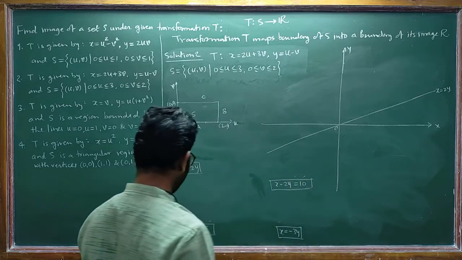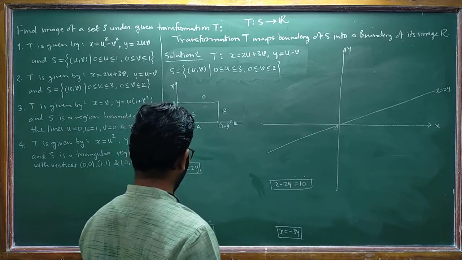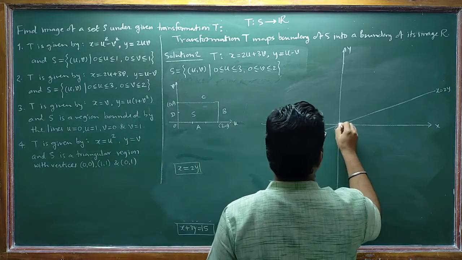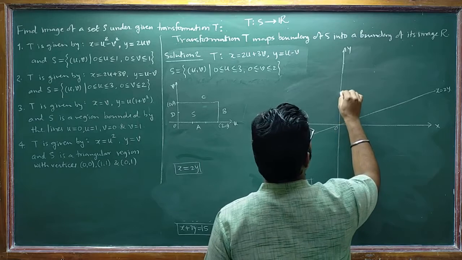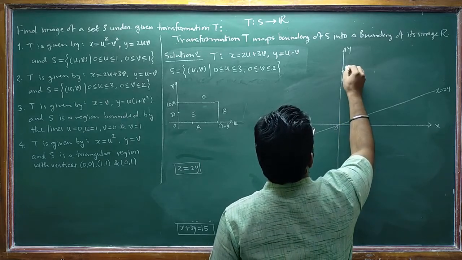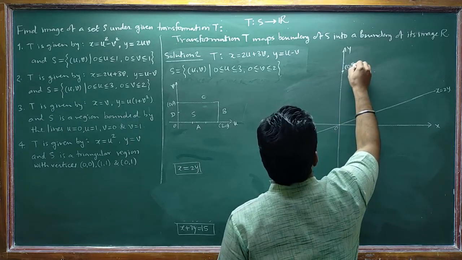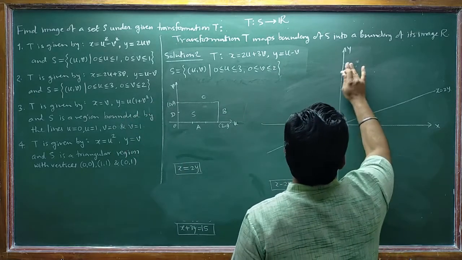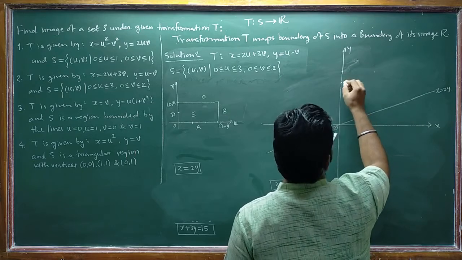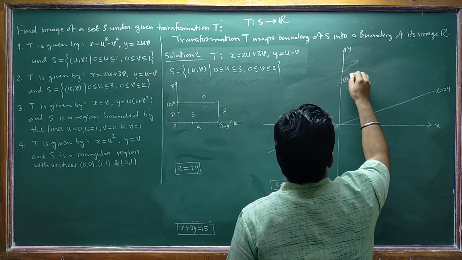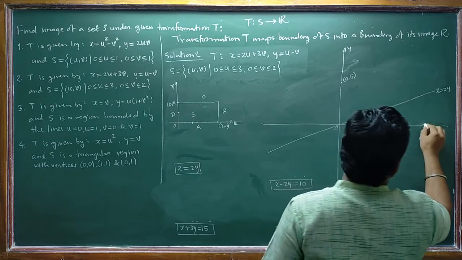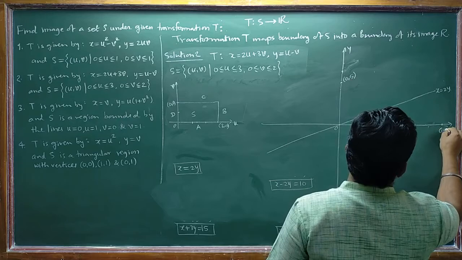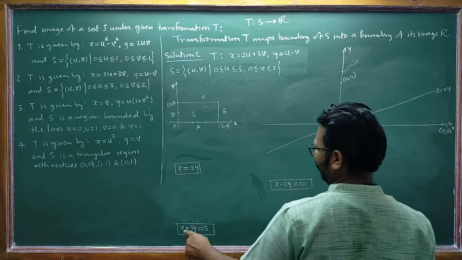Then the line x plus 3y equal to 15. If x is 0, y is 5, so it is 0, 5. And when y is 0, x is 15. So it is not in proportion. So let me call it 0, 5. On this x-axis, let me call it 15, 0. When y is 0, x is 15.